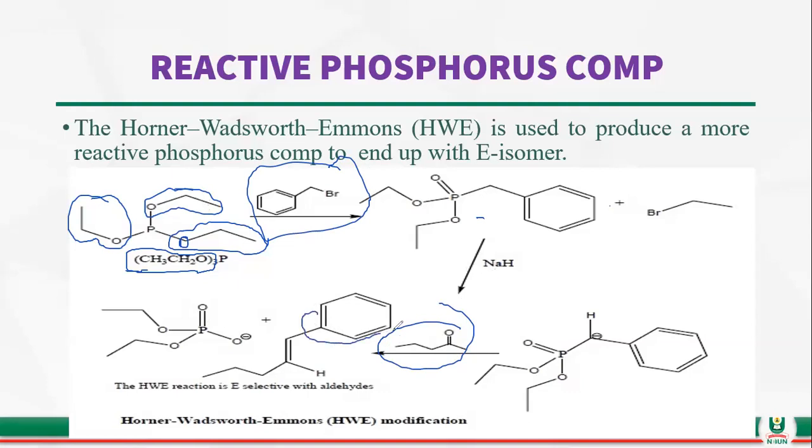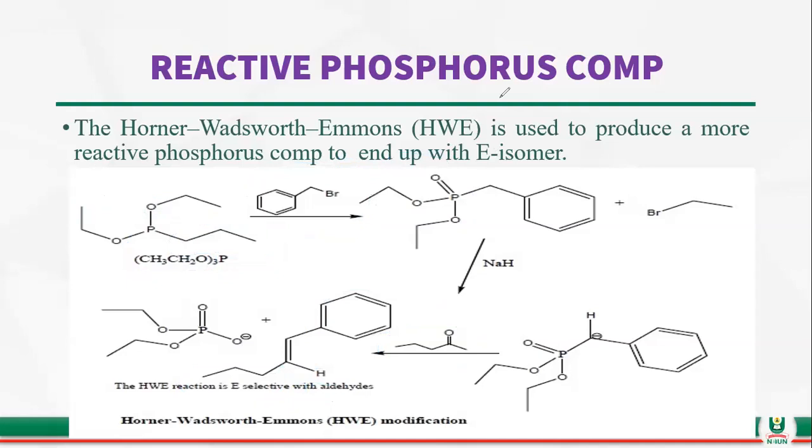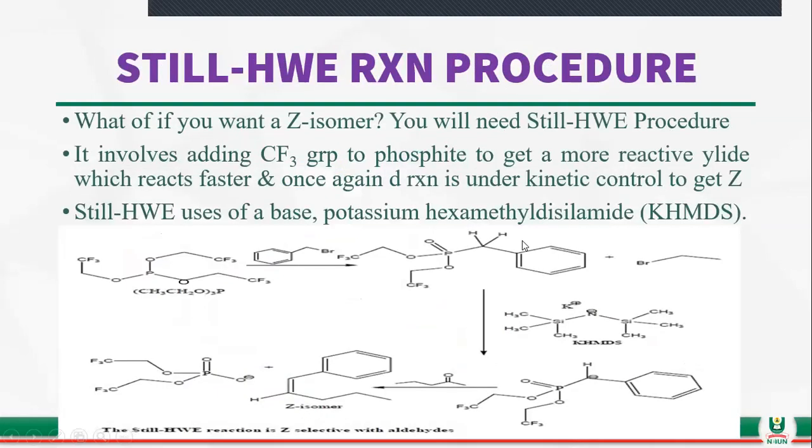The bulky group around this double bond is on the right. The bulky group around this double bond is on the left. So this will end up forming the E isomer because you have now changed the phosphine to a more reactive phosphorus compound called phosphonate ester carbanion.